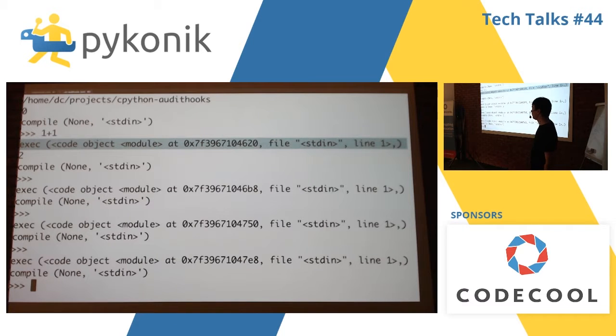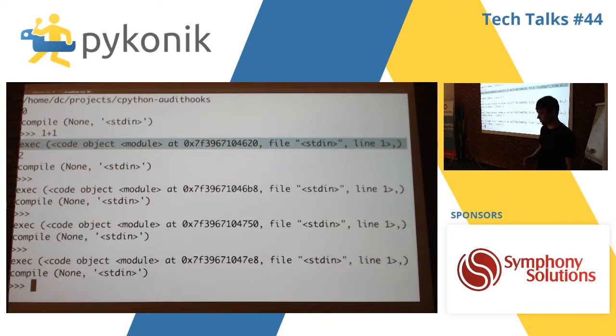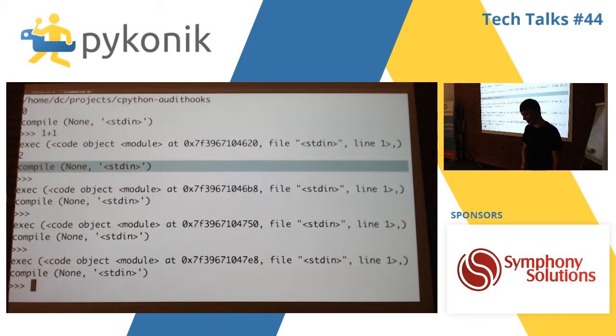But it needs to be compiled into CPython bytecode and then run. So that's why we see compile. Oh, actually, we see exec, so it's executed, not compiled, and we see compile here. I don't know why it's this direction, but yeah.